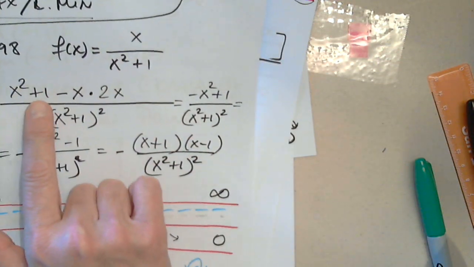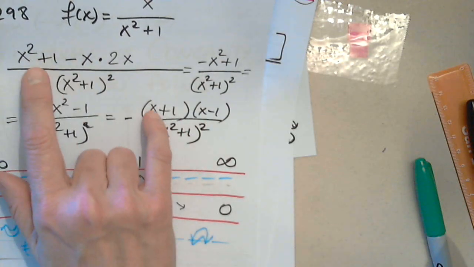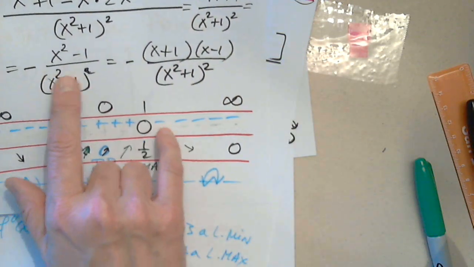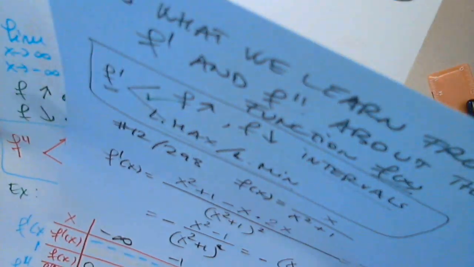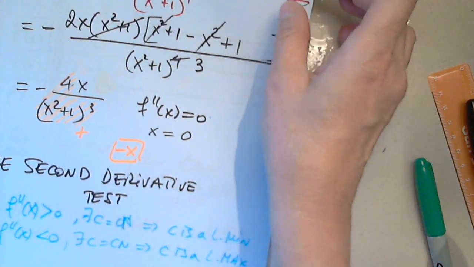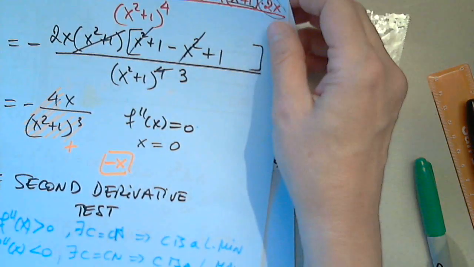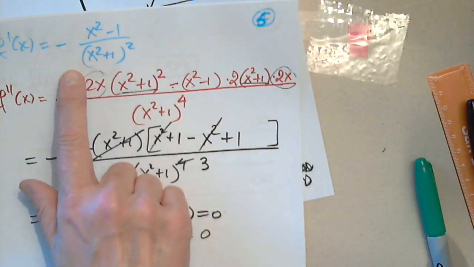So that's correct, minus x, that's correct, times 2x. This is negative 2x squared plus x squared. That's negative x squared. That's correct. Okay, now I need to check my second derivative. Where is my second derivative? Right here. It was negative x squared minus 1. Yes.